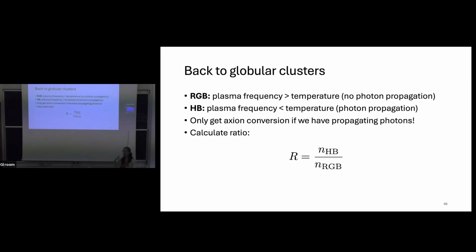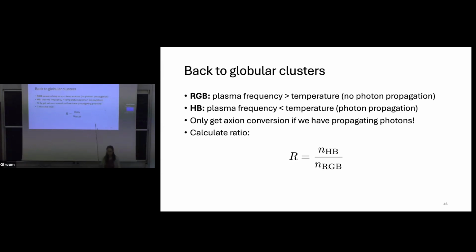That means there aren't a lot of photons at the correct frequency to propagate inside the plasma, so you're not going to have a lot of photon streaming, and not a lot of axion production. Whereas for horizontal branch stars, where you have helium burning in the center, it's much, much hotter. So your plasma frequency is below the temperature of the inside of your star, and you will have photon propagation. Does that make sense? Any questions there?